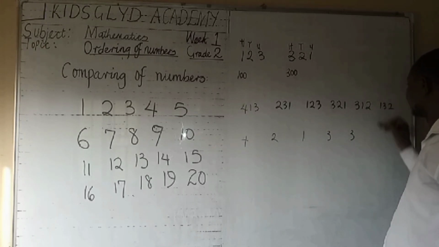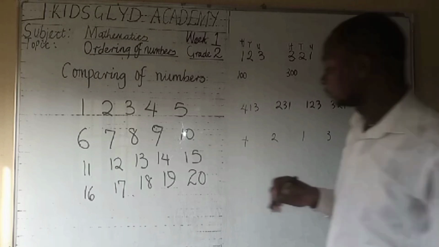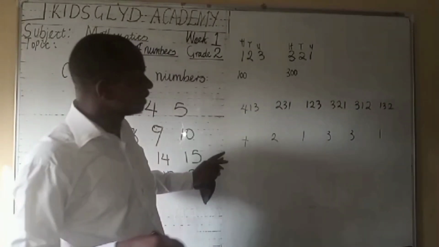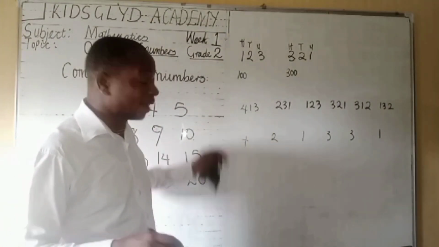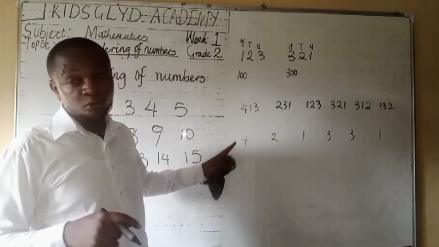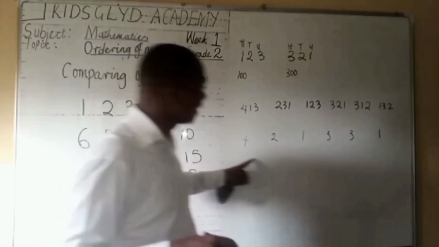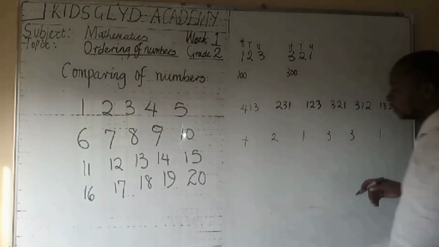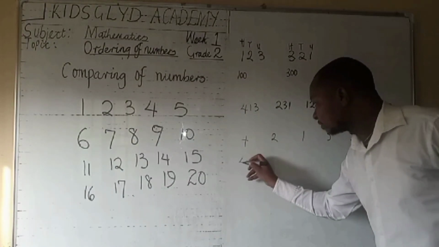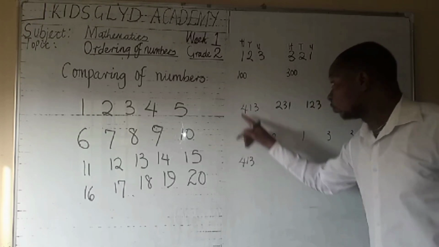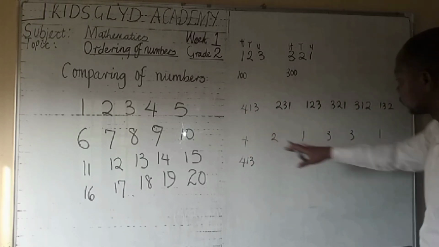This one is also 3. This one is 1. Now, you see the first numbers that come. Each of the numbers stands for 100. And I know that once we have 400, we have 200. No number here is greater than this 400. That means 413 comes first, because this 4 is bigger than all these numbers.